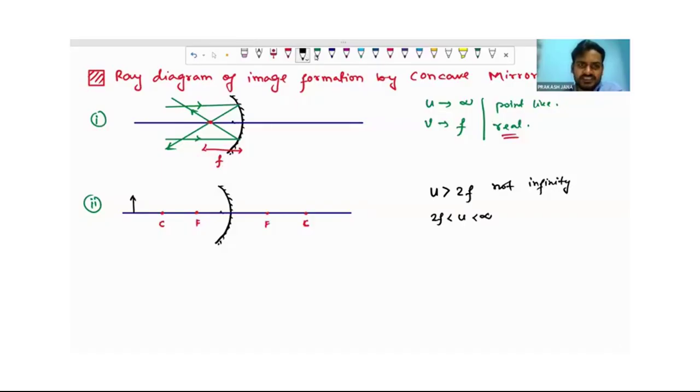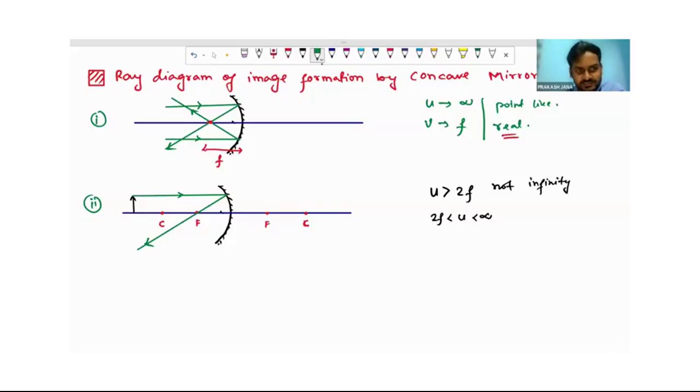What happens in this case? We need to consider two rays. One is parallel to the principal axis. After reflection, it will pass through the focus, like this only. This is the ray.